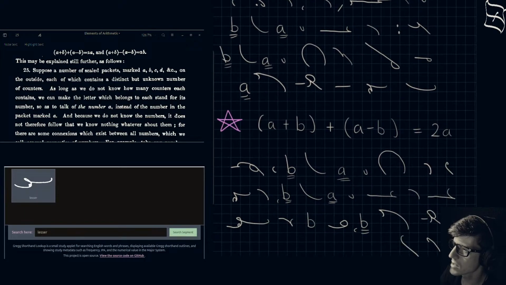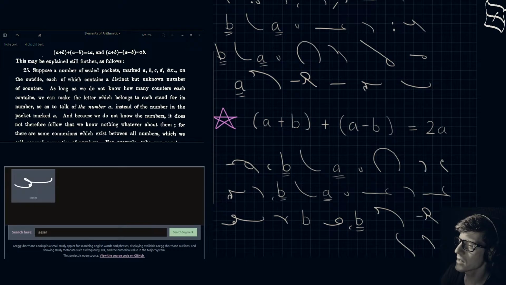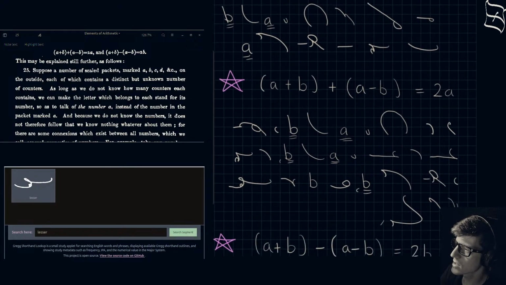And this written out mathematically is: a plus b plus a minus b is equal to 2a. And then here's our second portion.